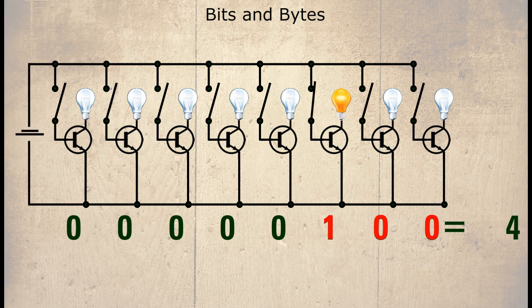If we look at this closer, we could be tempted to say 100 binary is equal to decimal 4, but that would be wrong. The correct way of saying binary is 0, 0, 0, 0, 0, 1, 0, 0. Let's move on. This is the binary for decimal 5, for decimal 6, and for decimal 7.